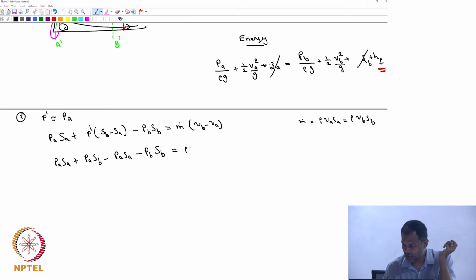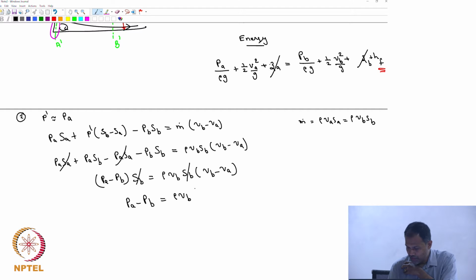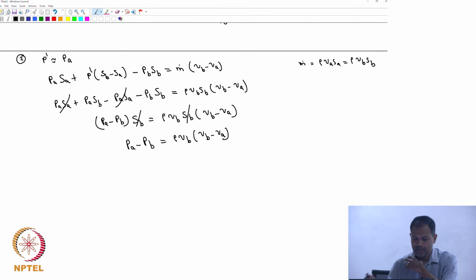So I'll substitute rho VB SB into VB minus VA. PA minus PB into SB is equal to rho VB SB into VB minus VA, or PA minus PB is equal to rho VB into VB minus VA. I just simplified the force balance.